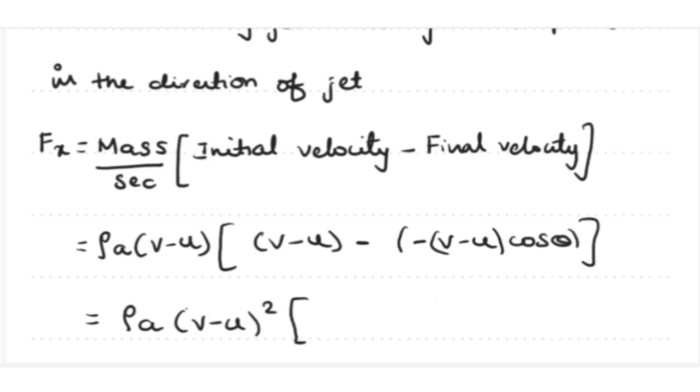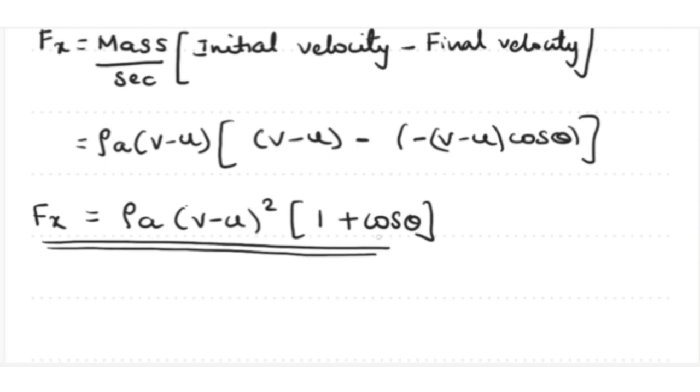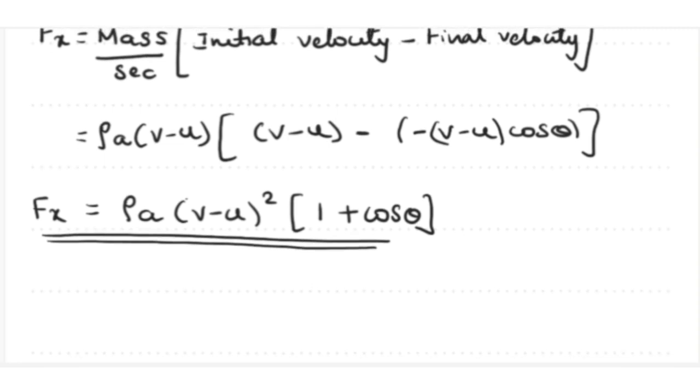What is left here is 1 and minus of minus, that will be plus cos theta. So this will be the equation for force exerted by jet in the direction of jet, that is equal to rho into A into v minus u whole square into 1 plus cos theta.